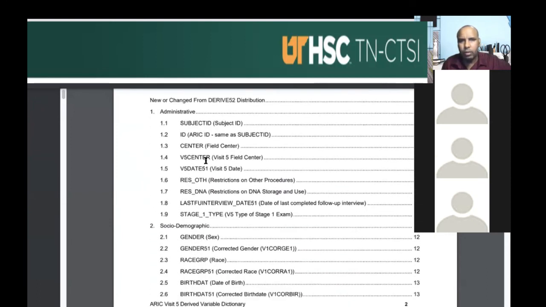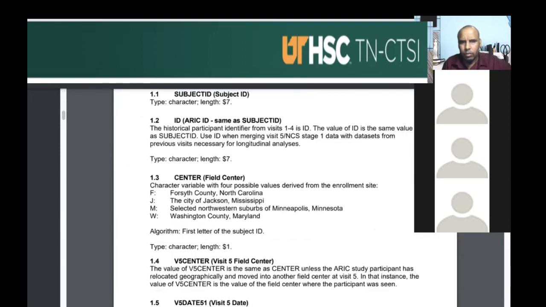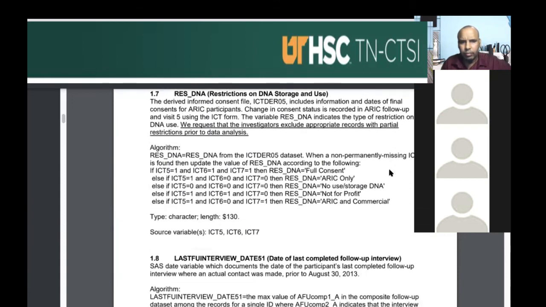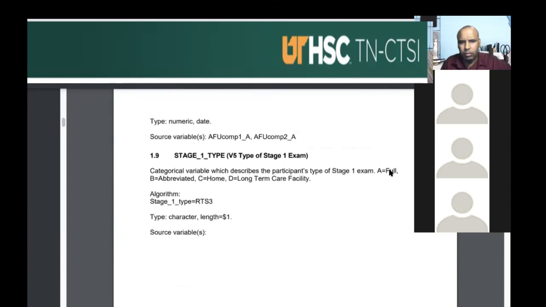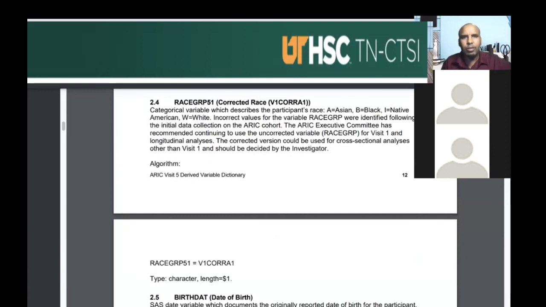So we have here a very organized data dictionary where we have subject ID, center, visit center, and sociodemographic factors like this. They are properly described. Yep, so that's what it looks like.